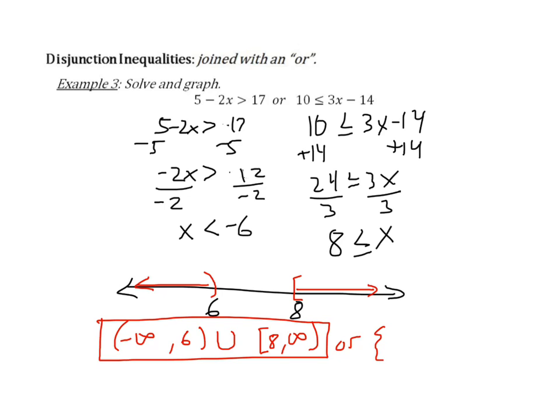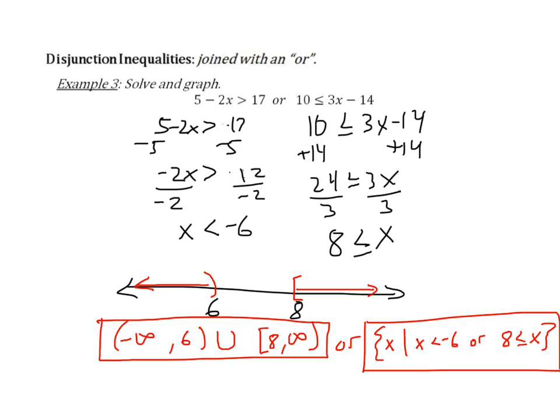In set builder notation, we can say the set of all x's such that x is less than negative 6 or x is greater than 8. And that's our set builder notation. Notice we cannot put these together into one inequality because they don't overlap.